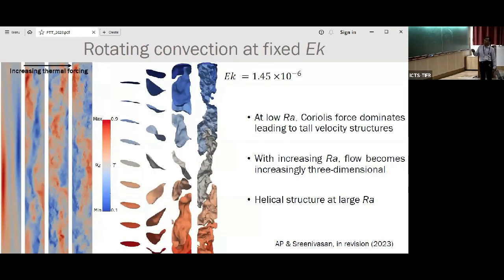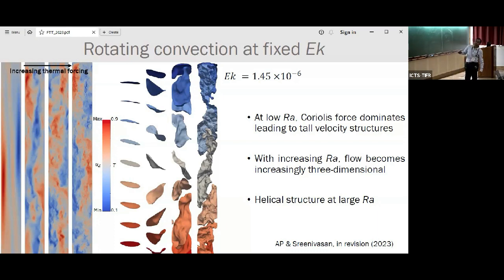Now what happens when we start to increase the rotation? This data is for a fixed rotation rate. Ekman number is 10 to the minus 6. It's a rapidly rotating flow. And when you start to increase the thermal forcing, you increase the driving, then we can see that at low Rayleigh numbers, the rotation dominates the flow configuration.